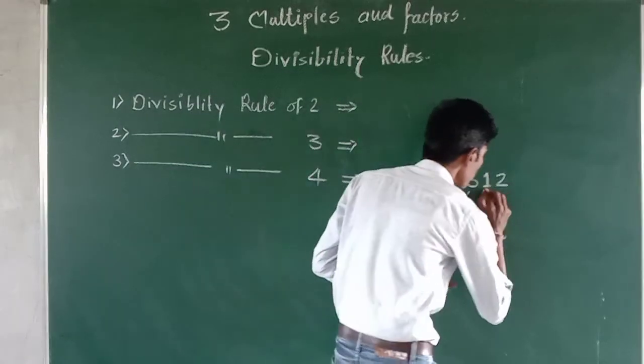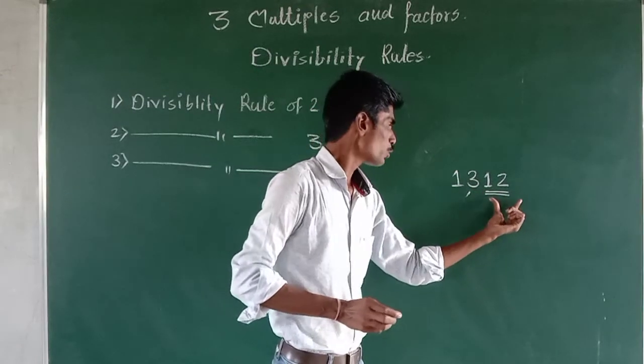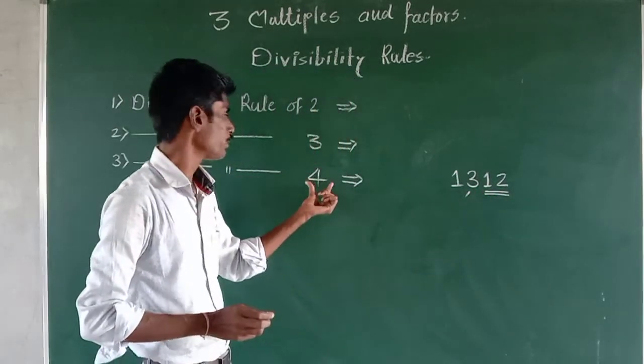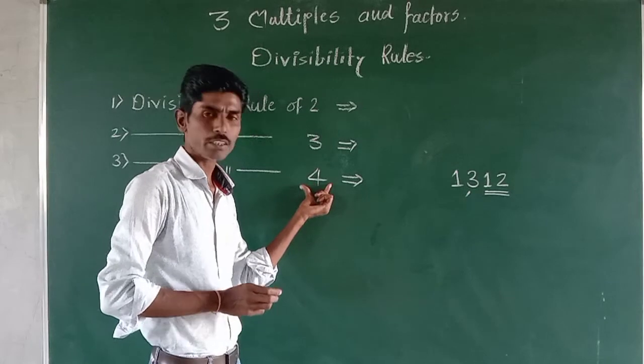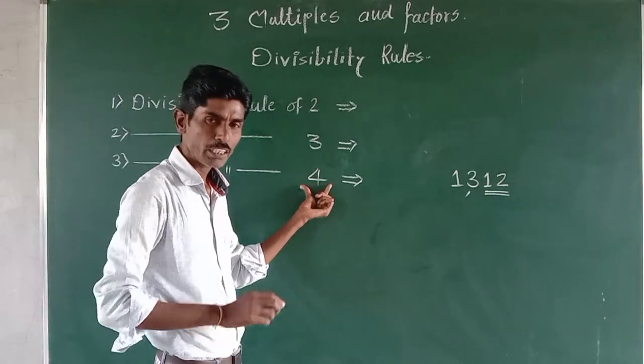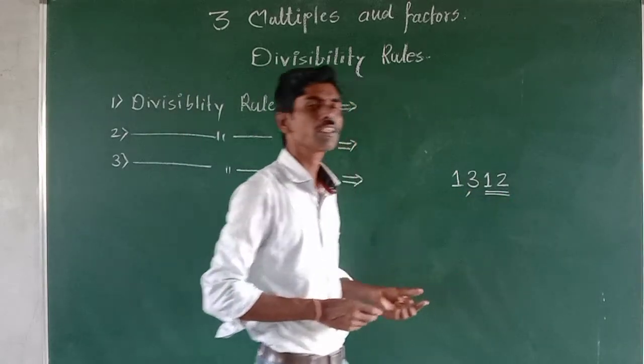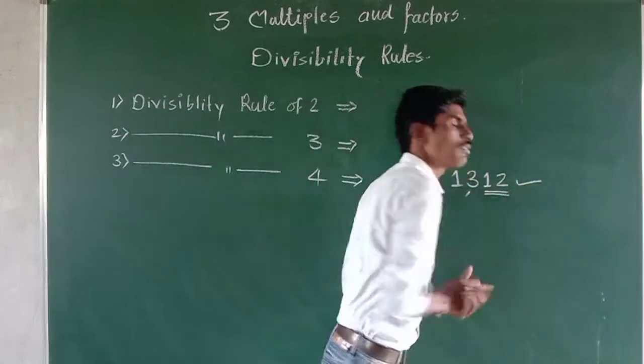This 12 is exactly divisible by 4 without any remainder. That's why 1312 is exactly divisible by 4.